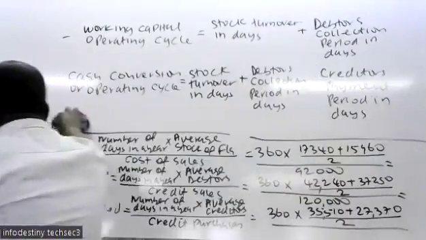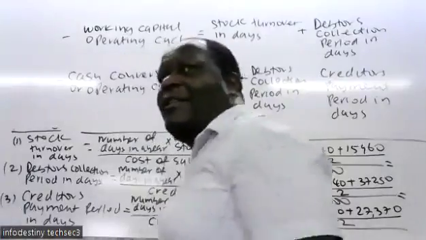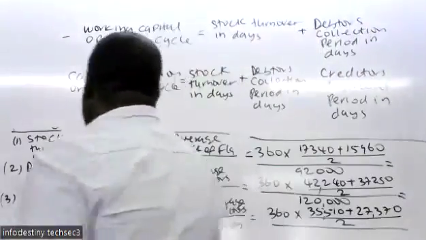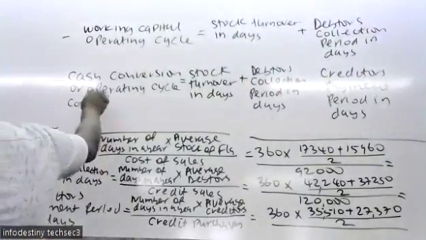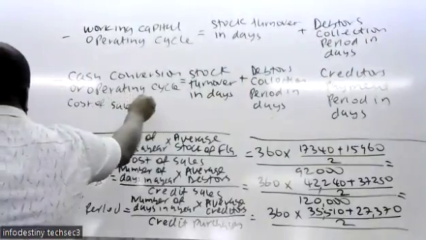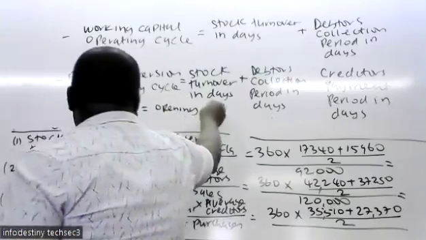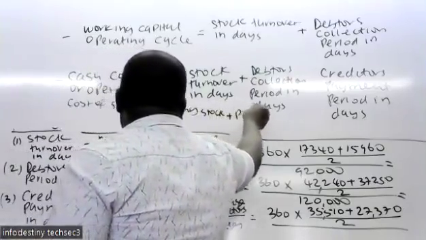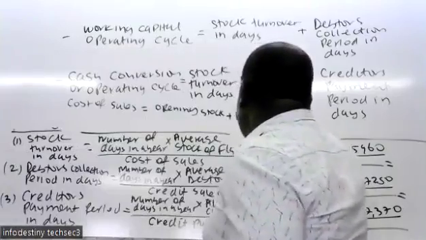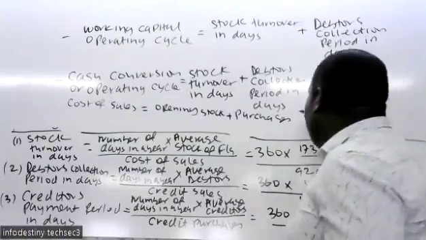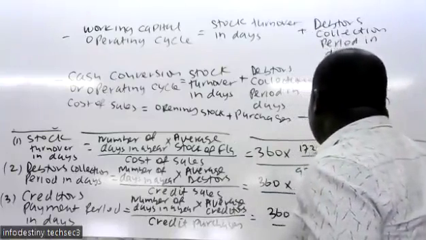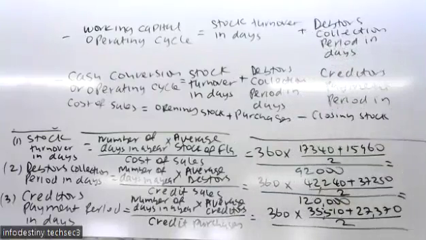Cost of sales is given by the opening stock, plus the purchases, minus the closing stock.